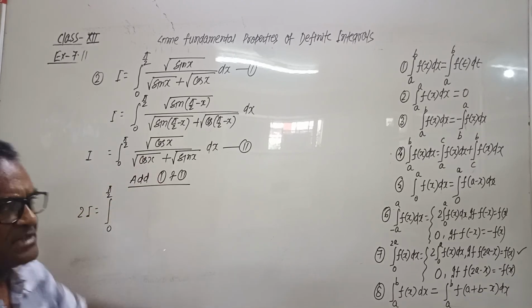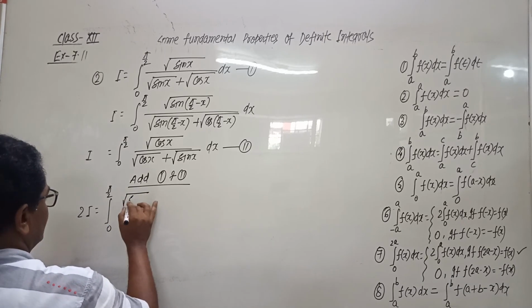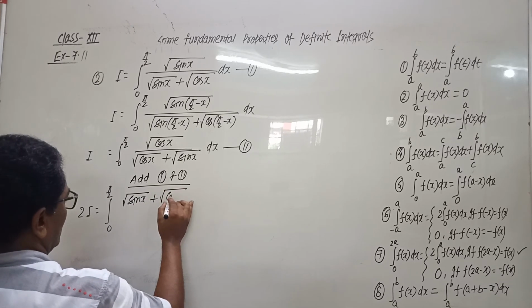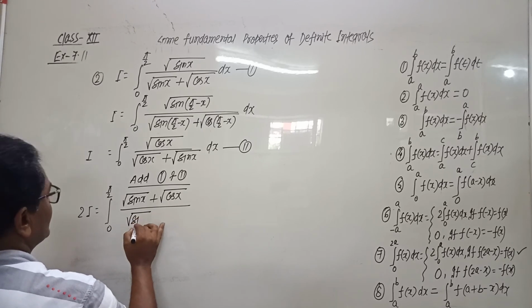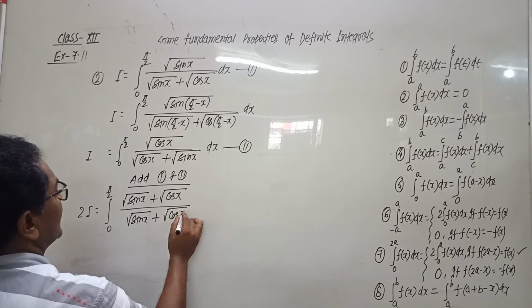Both the equations have the same denominator, so we get root over sin x plus root over cos x upon root over sin x plus root over cos x dx.